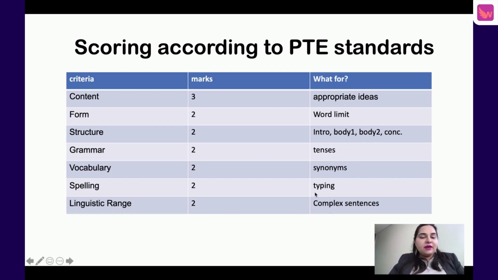Then spellings is typing. Be careful. If you do not know the spelling of any word, you have a choice to replace it with some other word. But make sure you are not making spelling errors because it reduces your band on writing significantly. For linguistic range, as long as you are following a template that is provided by Wings Education, you should not be afraid of this linguistic range, your grammar, because 75% of the things will be covered in your template.